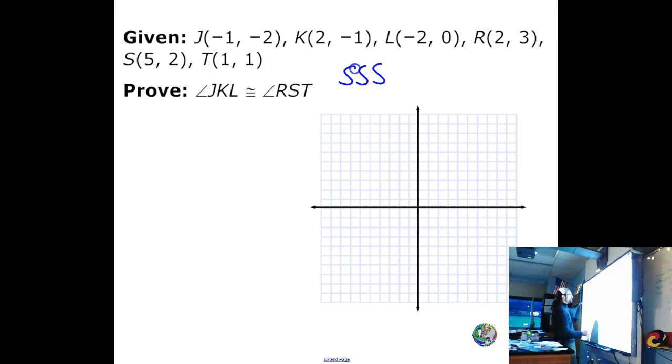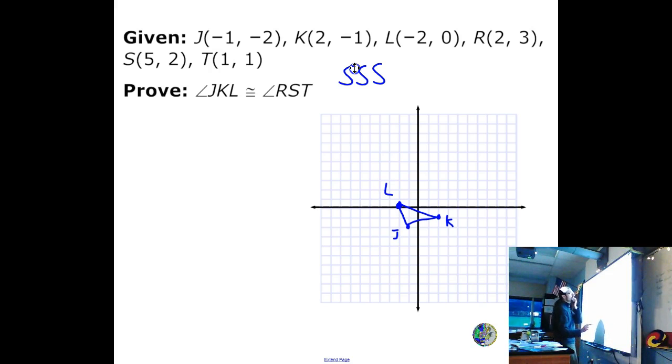J is at -1, -2. All right, here's J. K is at 2, -1. And L is at -2, 0.